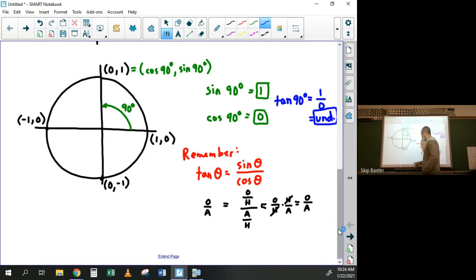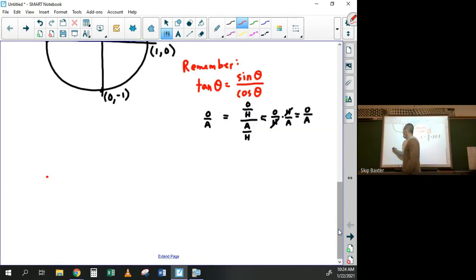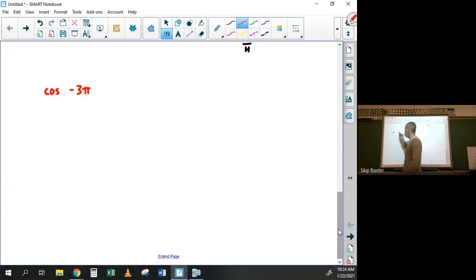So if they ask me to find the cosine of -3 pi, I would just picture this angle graph. Remember, 2 pi is a complete rotation. So 3 pi would be 1.5 rotations. So here's a unit circle.